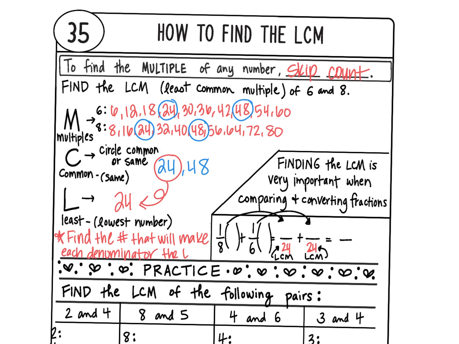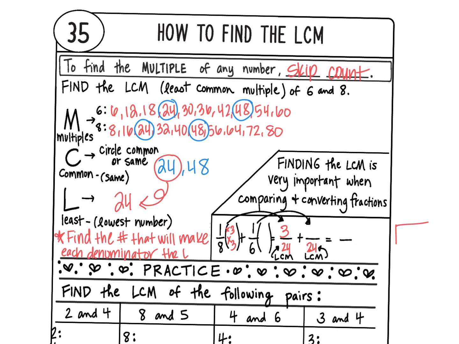So I'm trying to rewrite both of these fractions with 24 as my denominator. So I'm going to ask myself, well, how did I get from 8 to 24? What did I multiply 8 by to get 24? 3. So if I did that to 8, I have to do the same thing to the numerator. So what's 1 times 3? 3, and that becomes my new numerator. So what this means is if I were to draw, I'm going to do it over here on this side.